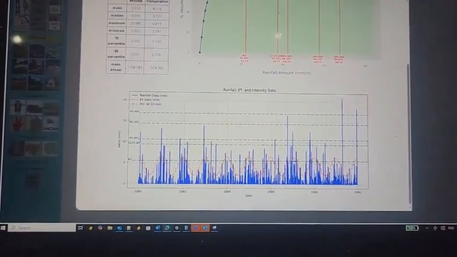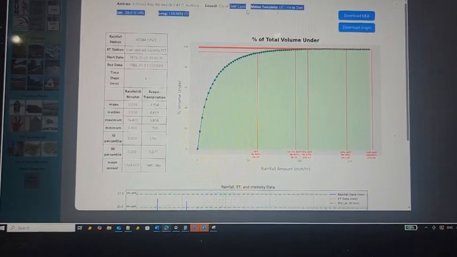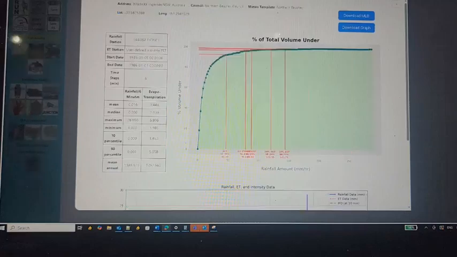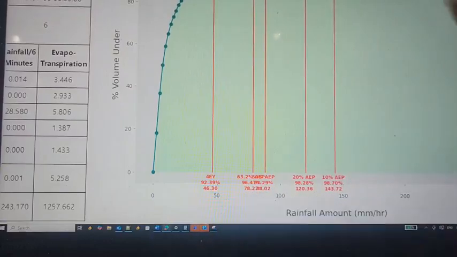Moving forward, in Queensland again, in the Council of Gold Coast, you see again 94% under 4EY and 98% under 1 in 1, let's say, as in 63.2% AEP, kind of similar. New South Wales is a little bit different. We have 92% and 94%.